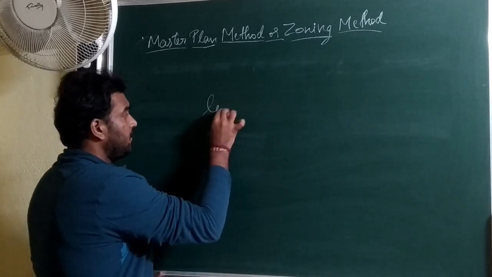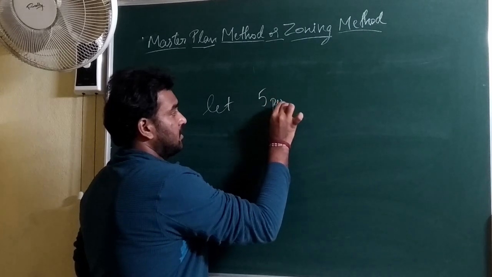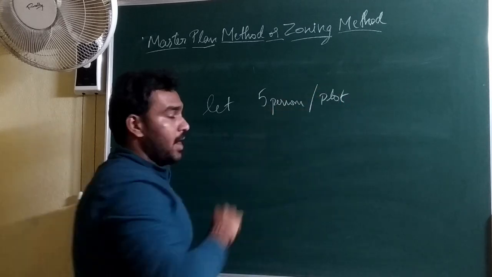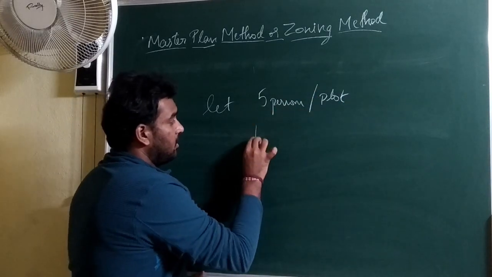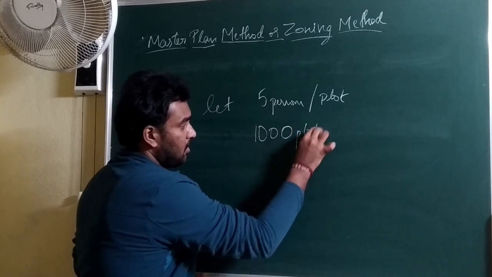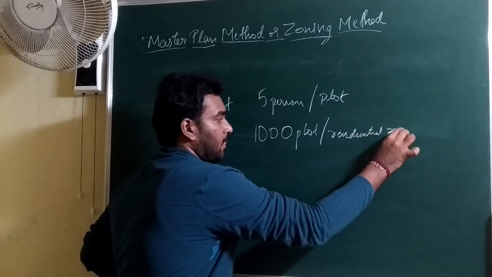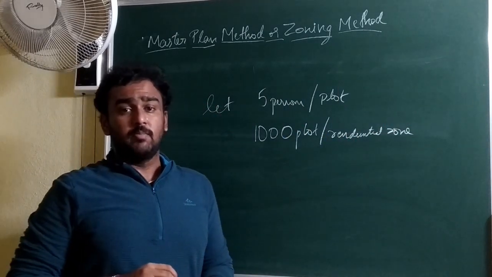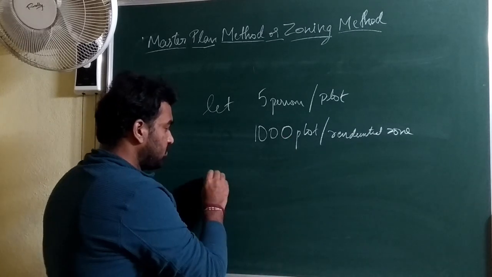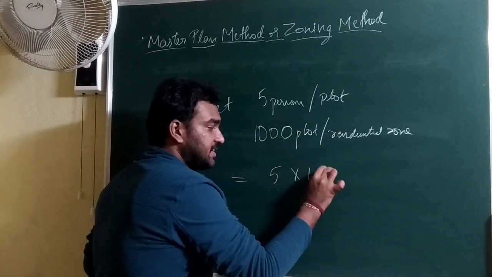Let it be allowed 5 persons per plot, and also let it be allowed 1,000 plots per residential zone. Then, if you want to know the design population when it is fully developed, the design population will be 5 into 1000. That's it.